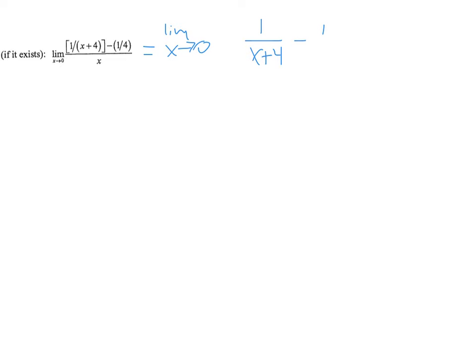Now we're subtracting 1/4. And then I'm just going to suggest that maybe we do this. We put big parentheses around this. Instead of dividing this whole thing by x, let's just think of multiplying this by 1 over x. And we're just going to kind of ignore that 1 over x for a little bit and just focus on the stuff that's in the parentheses.